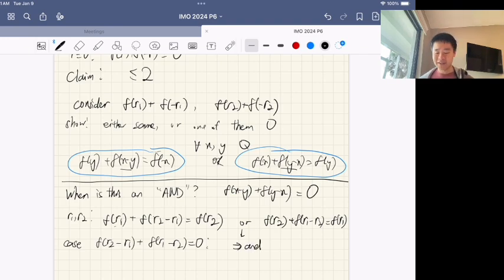Now, you might think that since we are interested in r1, r2, and also minus r1 and minus r2, how about we substitute this into it? As we have assumed that f(r2 minus r1) plus f(r1 minus r2) is 0, this all actually becomes an AND.